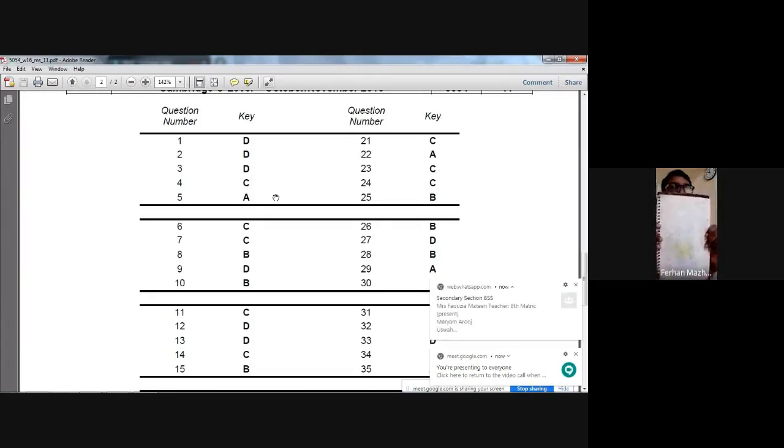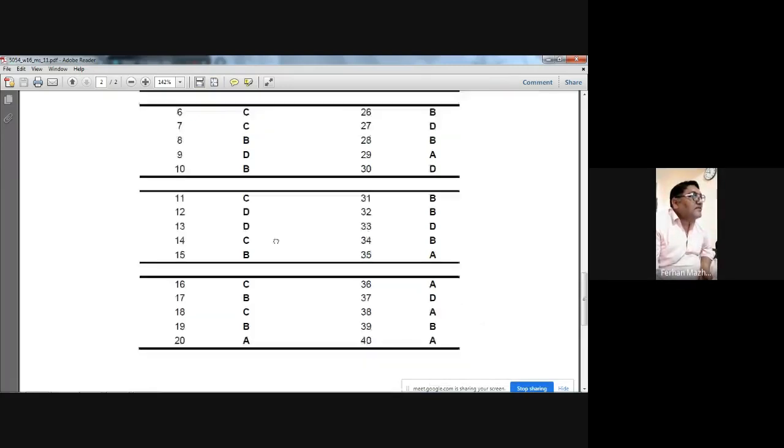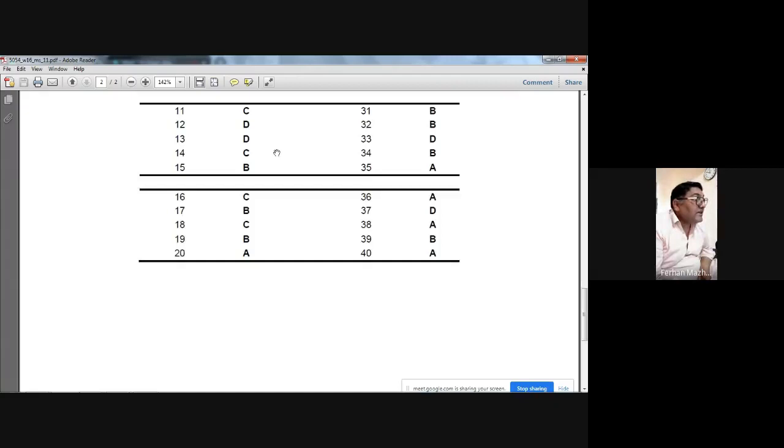You see, we have written all the answers. 1D, 2D, 3D, 4C, 5A, 6C, 7C, 8B, 9D, 10B, 11C, 12D, 13D, 14C, 15B. 16C, 17B, 18C, 19B, 20, 21.